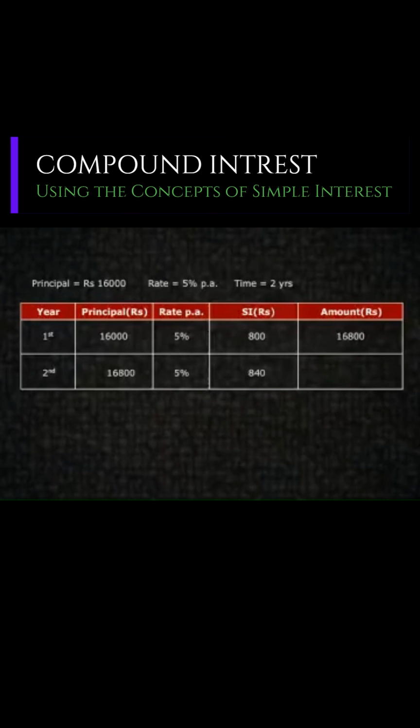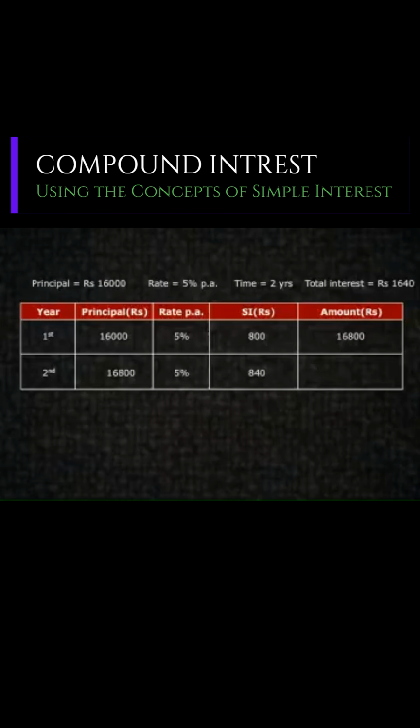So what was the total interest that I would have to pay for 2 years? 800 plus 840, which is 1,640. So this is the total interest, the compound interest that I will have to pay the bank. So what is the total amount that I'll have to pay after 2 years?